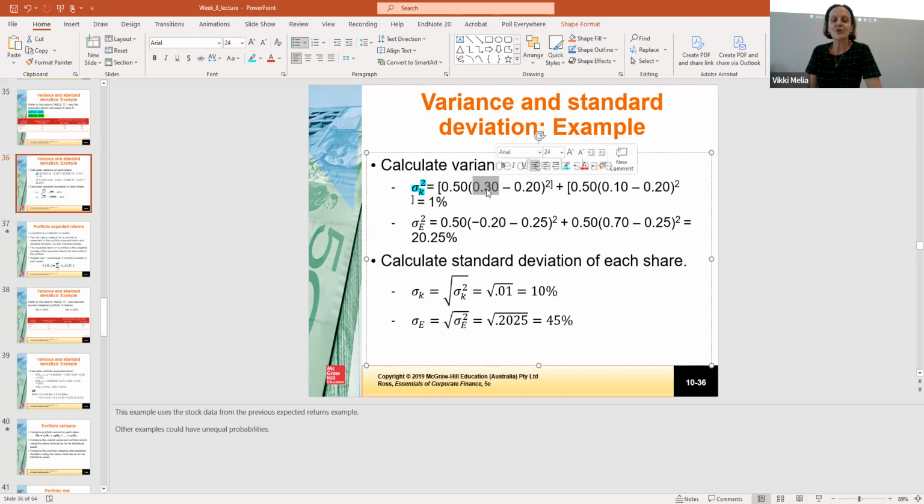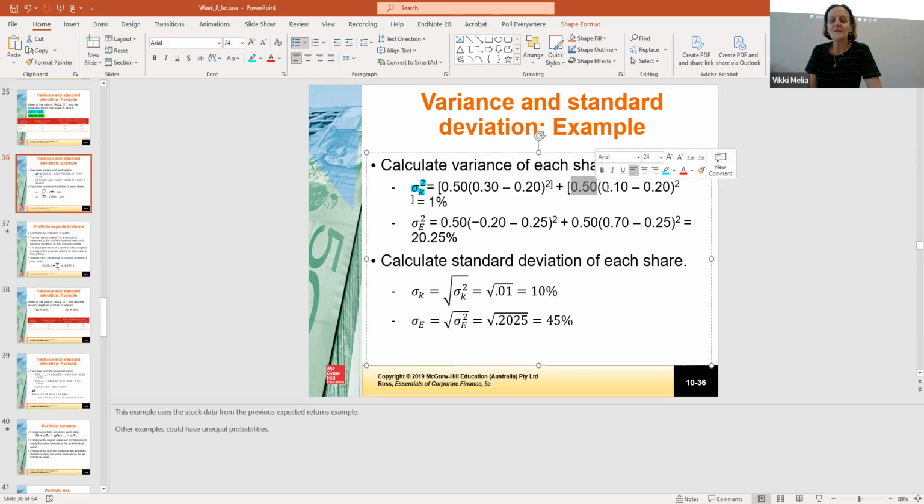30% expected return in recession. The total expected return for Kiwi was 20%. So there's a 10% difference, square it, and multiply it by the probability of 50%. Plus, there's a 50% probability that the economy will be booming.